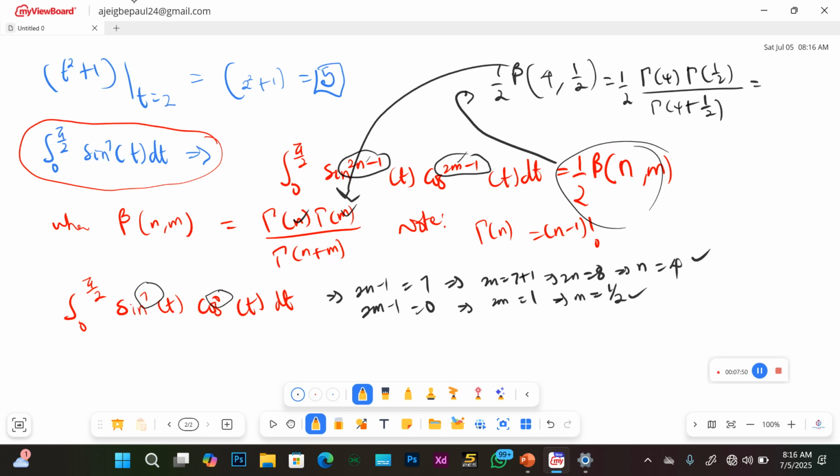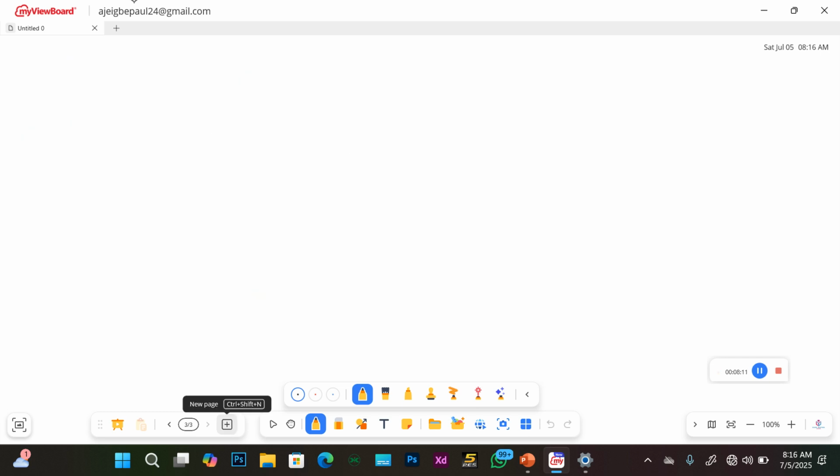Okay, so this is the same thing as 1 over 2 multiplied by gamma of 4 multiplied by gamma of 1 over 2, then everything over gamma of 9 over 2, because 4 plus 1 over 2 will give us 9 over 2. Now let's simplify this completely. Now simplifying that completely, we have 1 over 2 multiplied by gamma of 4 multiplied by gamma of 1 over 2 over gamma of 9 over 2. That is what we have.